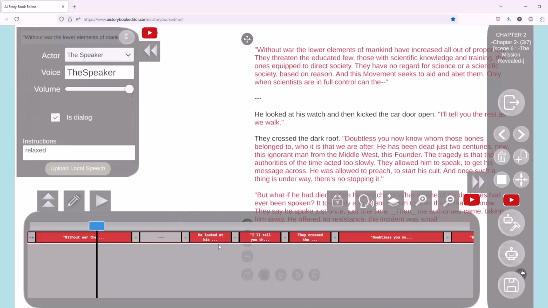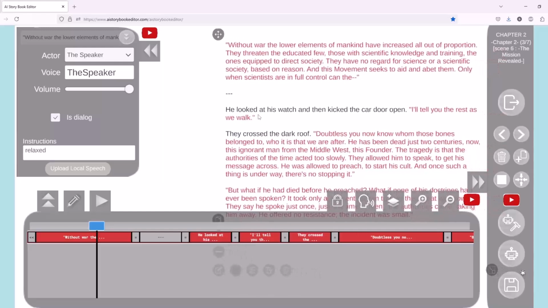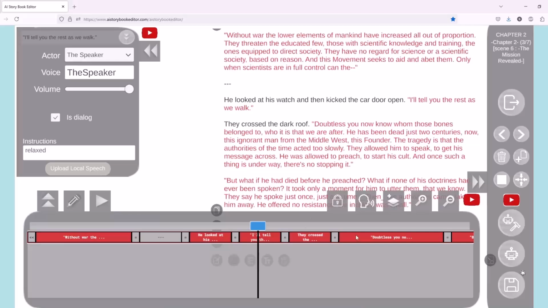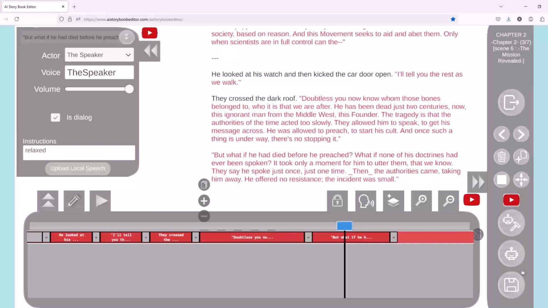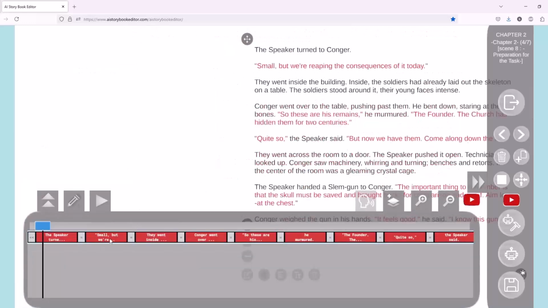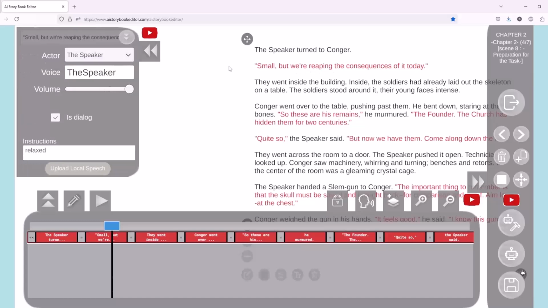This is silence. This is the speaker. Then the speaker keeps explaining the mission.